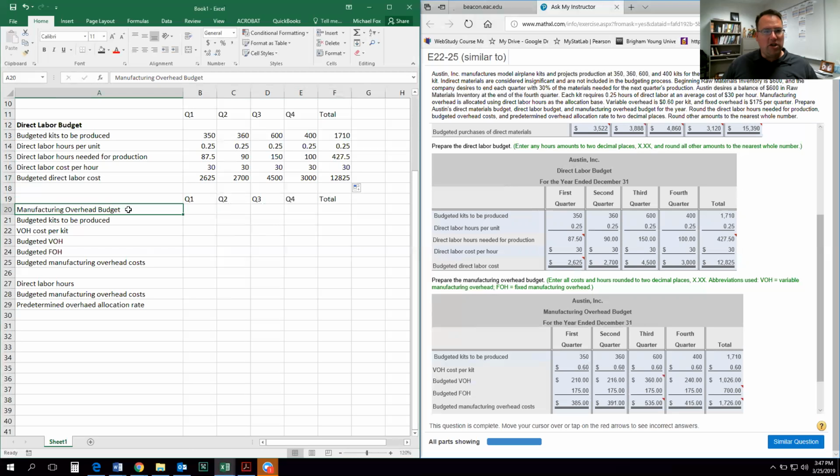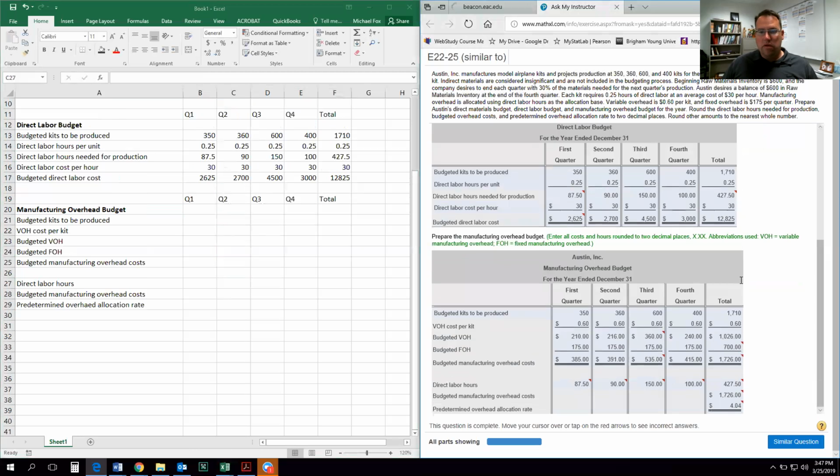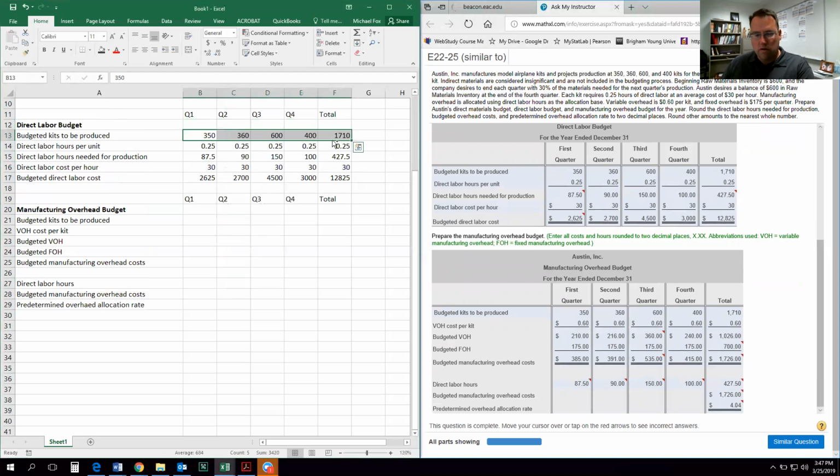So the last part is our manufacturing overhead budget. So again, we start with budgeted kits to be produced, which we already have right here. So I'm just going to copy that and paste it. And our variable overhead cost per kit is given to us at 60 cents per kit. So our budgeted variable overhead is going to be the number of kits times the variable overhead cost per kit.